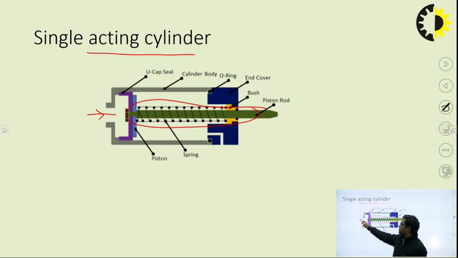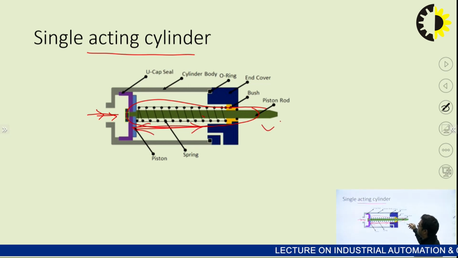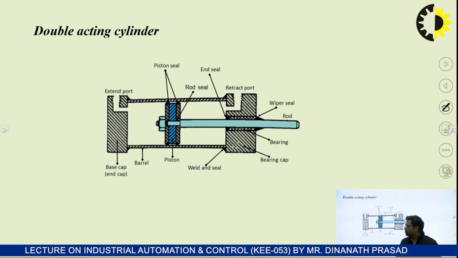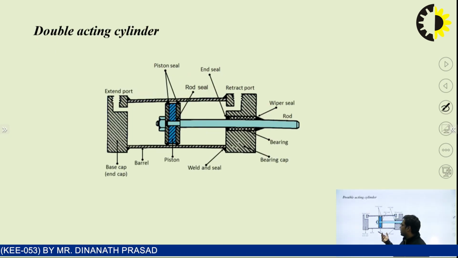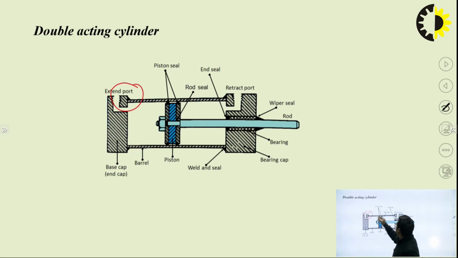As compressed air, oil or any fluid is given to the system, there is a movement, the position changes, and the actuation work is performed. In a double acting cylinder, where there is one valve in this case, we put two valves. One is for the input of the source and the other is for the exit of the source, or somewhere this is the input and this way is the exit.